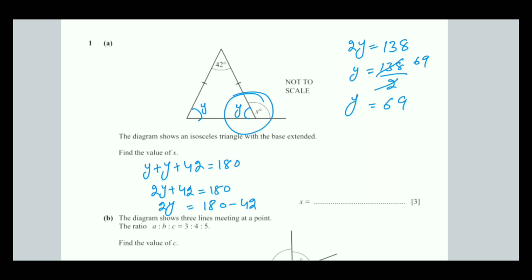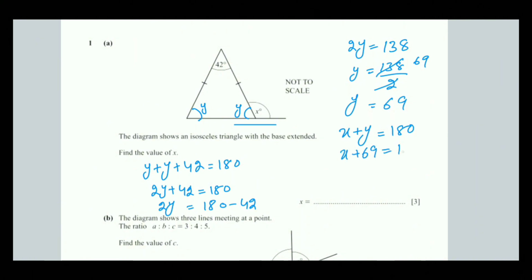So if we subtract y from 180, you will get the value of x because of the angle sum on a straight line. The sum of angles on a straight line will be equal to 180 degrees. So x plus y should be equal to 180 degrees.